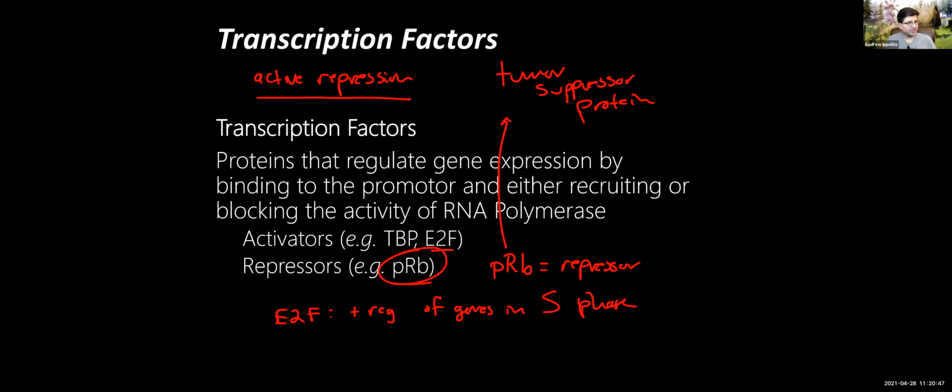Active repression, meaning you're keeping your hand on it. Imagine, you know when you open the refrigerator and the light goes on? You shut the door and the light goes off. You open the door, the light goes on. Think about a side view of the refrigerator. There's a button in there, right?